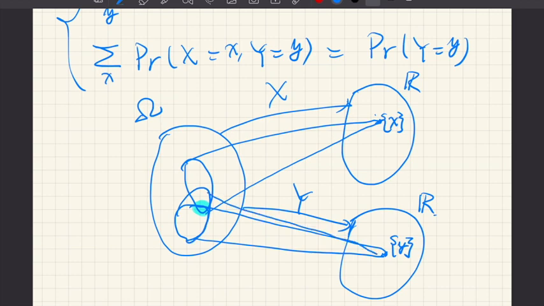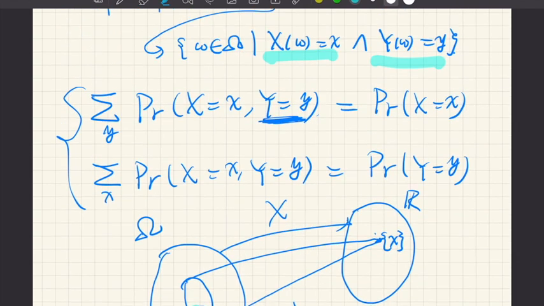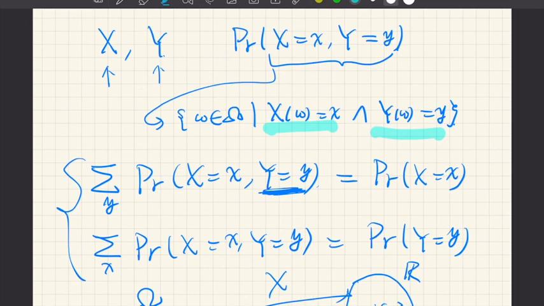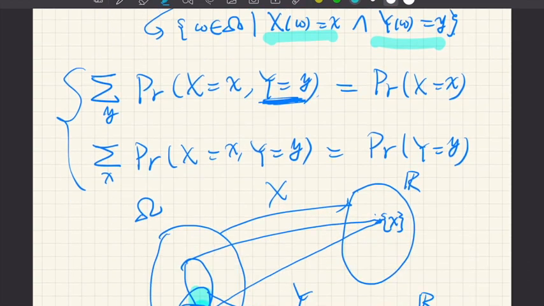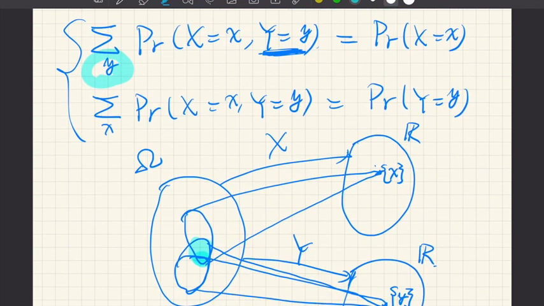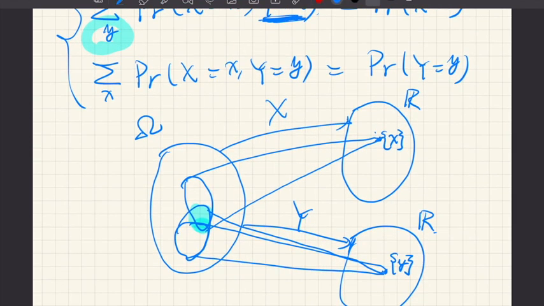So this intersection corresponds to this joint probability. So if we take all possible values of y and sum over, that means we take each point here, and for each point we take the inverse image and add them all.